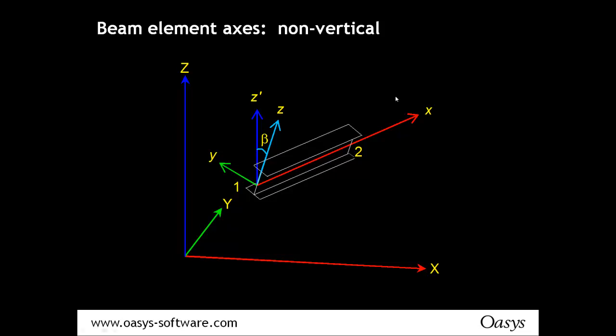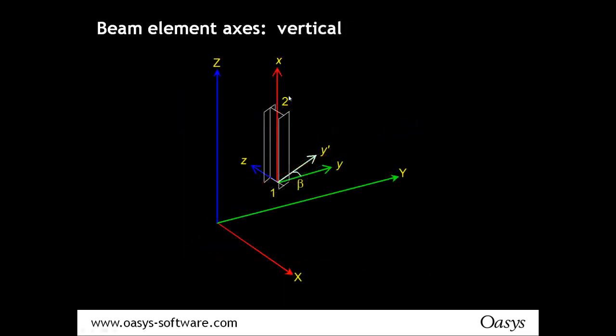Now because the local z is as vertical as possible, if your beam element is vertical, you've got a column, and there is no vertical component to the perpendicular to the x. The x is vertical, which means that previous rule cannot work, and a new rule kicks in: for vertical elements, the local y is parallel to the global y, and the z is then the vector direction left over from that.